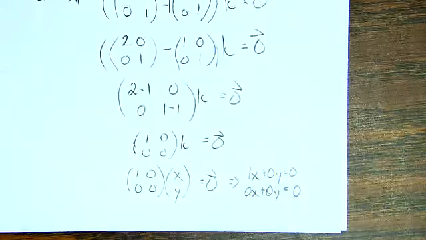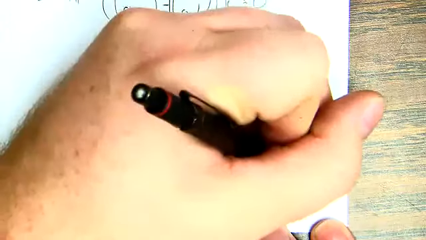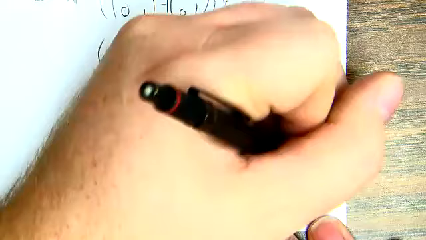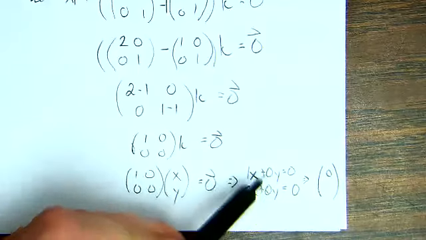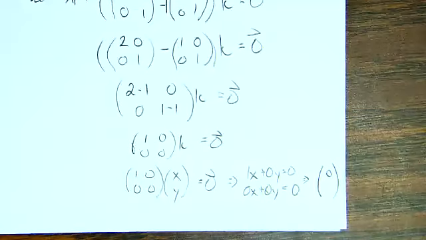The first equation, though, requires x to be 0. So x must be 0, but we'll observe that it doesn't matter what y is. Y gets zeroed out. So y can be anything we want it to be. We can choose any number for y to represent this.